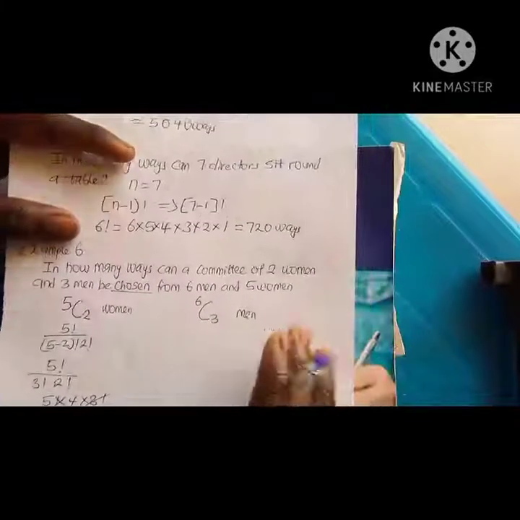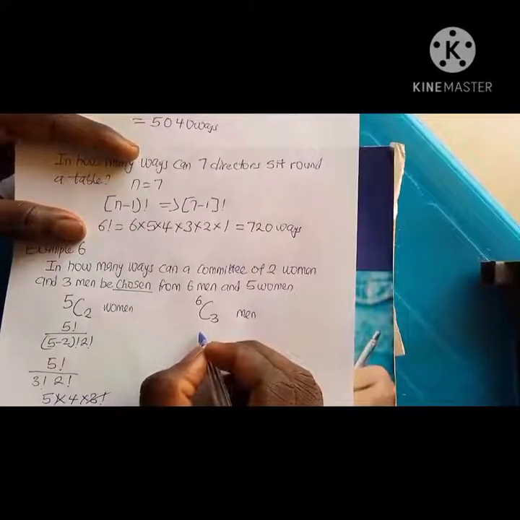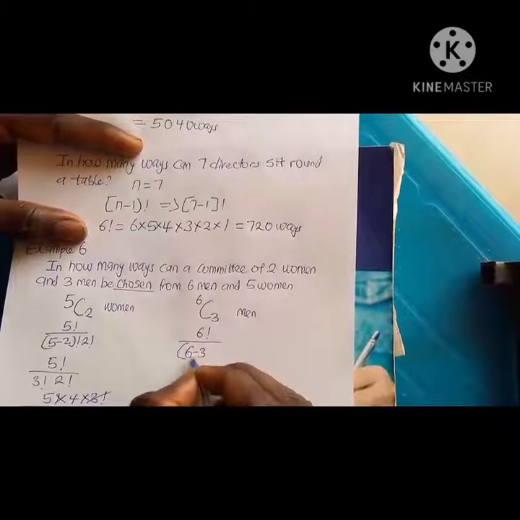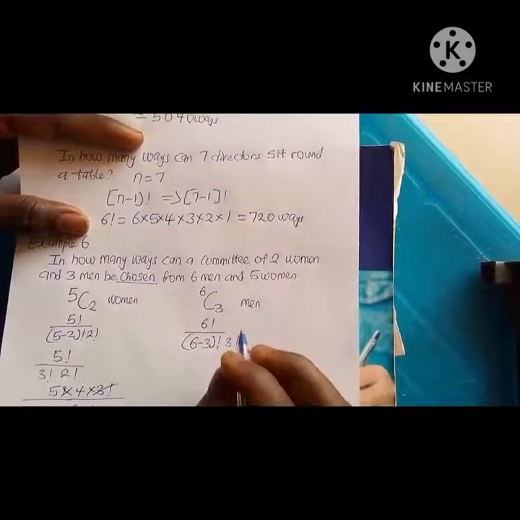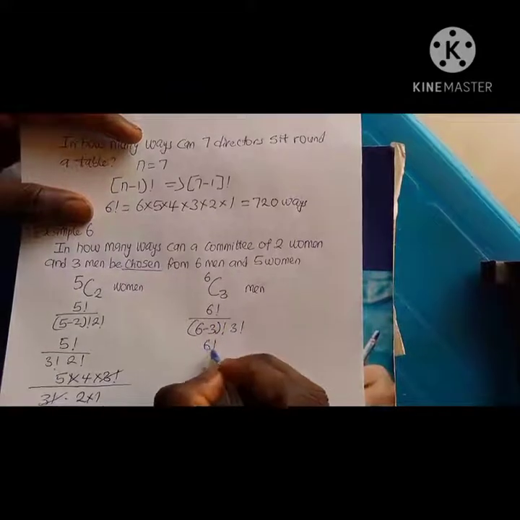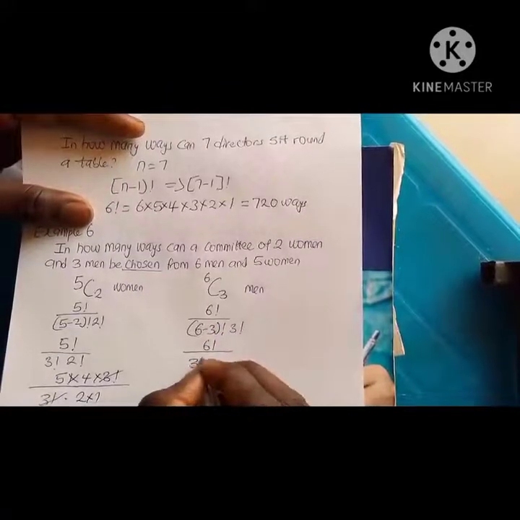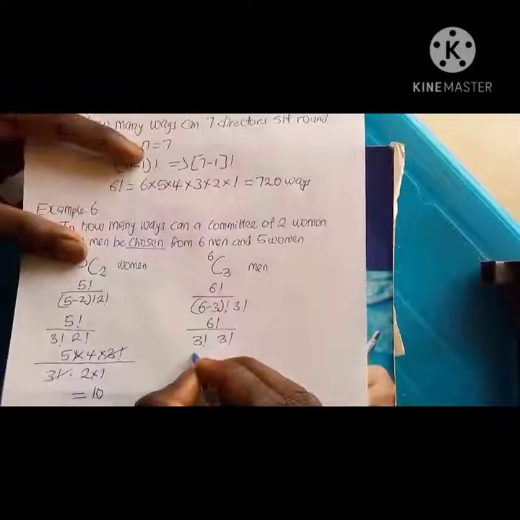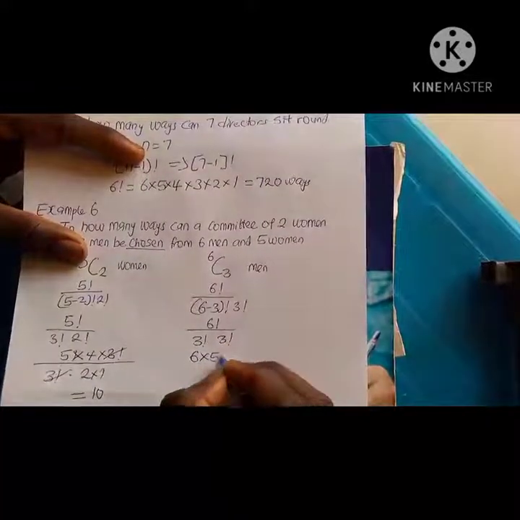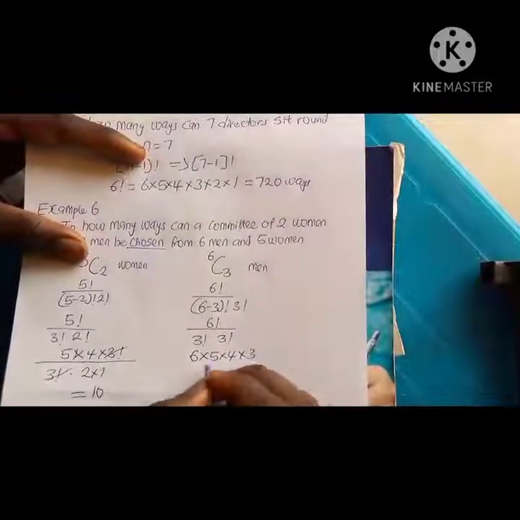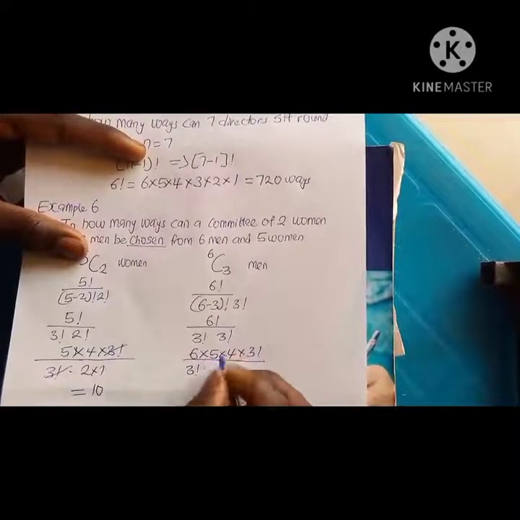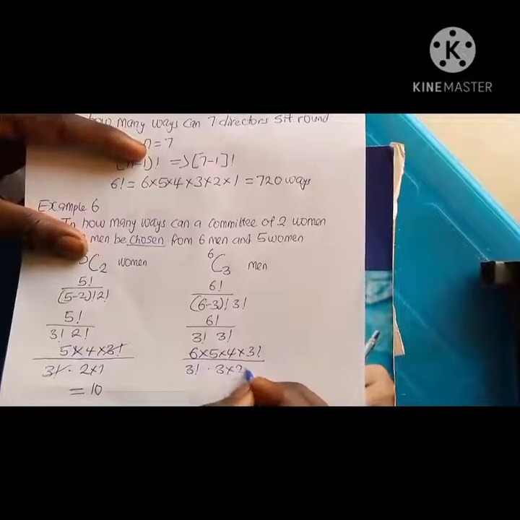Now you will go for that of men. 6 factorial divided by 6 minus 3 factorial, then 3 factorial. Then you are going to have 6 factorial all over 3 factorial, because 6 minus 3 is 3 factorial, and this one 3 factorial also, where you'll be having 6 multiplied by 5 multiplied by 4 multiplied by 3 factorial, then 3 factorial multiplied by this one 3 times 2 times 1.